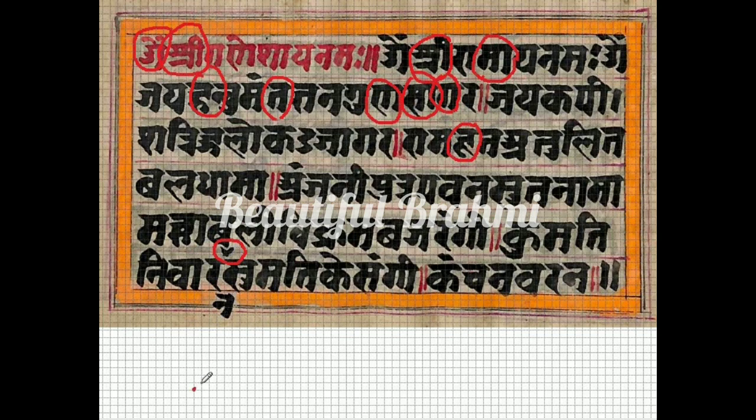If it were to point upward, it would mean that the phone is being written above. So now here we should read as ni va, then come down to ra and then na, then go back to sa. So what it says is Nivarana Sumati ke Sangi.